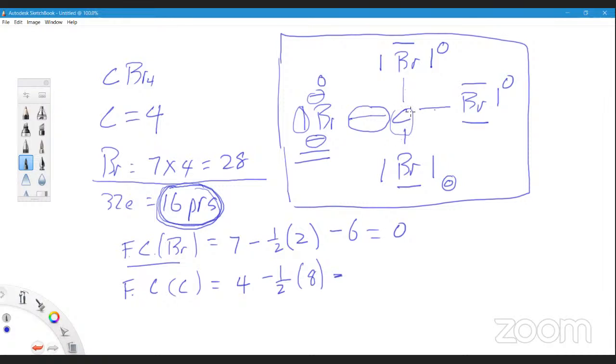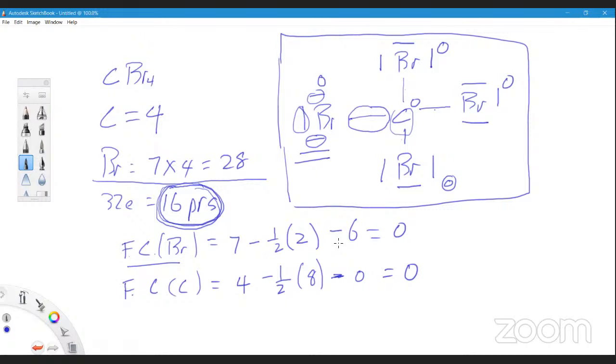For this carbon, there are no non-bonding electrons, so that is 0. If you work this out, you'll see that the formal charge here is 0 for the carbon. So that's basically how you would use the formula to calculate the formal charges of the different atoms in a Lewis structure. And you can use this formula for the other Lewis structures that we determined earlier, and you're going to see that they're all going to be 0.